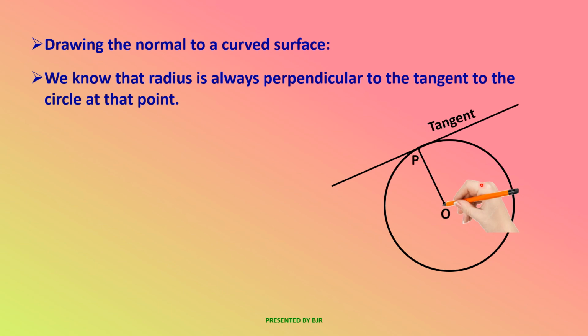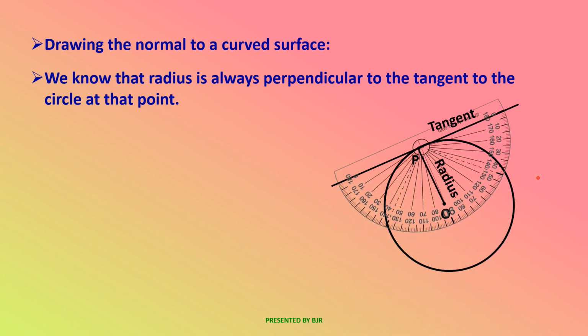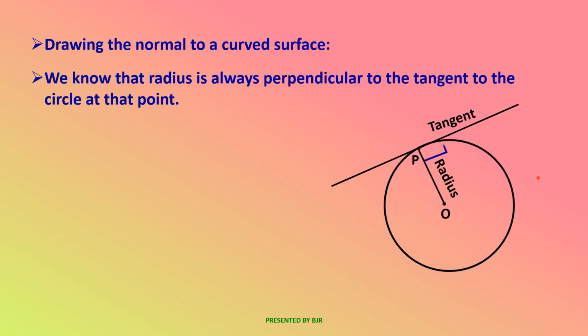The radius is always perpendicular to the tangent drawn at any point on the circle. If you measure the angle between the tangent and the radius, it will measure 90 degrees. So this is 90 degrees.